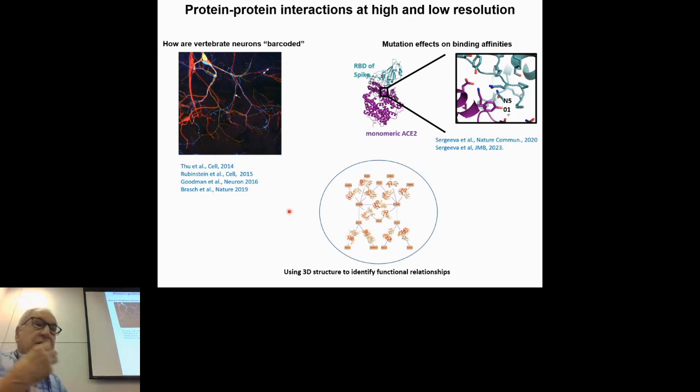Basically, cells recognize each other, neurons know who to synapse with, and it all comes down to what proteins are on the surface and what they recognize. The way we attack this problem is through crystallography, measurements of binding affinities, and the design of mutant proteins that can affect how the nervous system is wired. So it really brings molecules to the level of neurobiology.